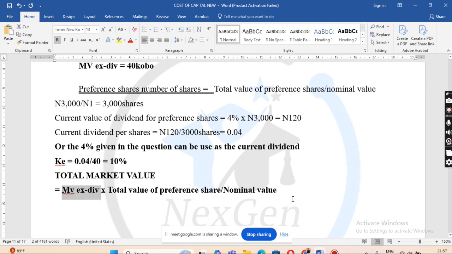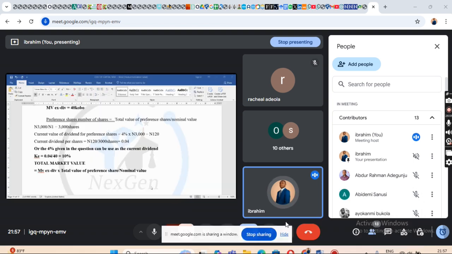If it is market value as interest, it is per one. Now, times the total value of preference shares. If the total value of preference shares is 3,000, you know it's 3 million.